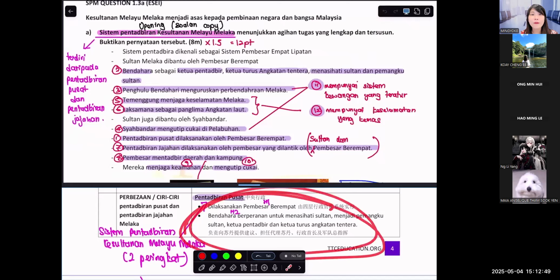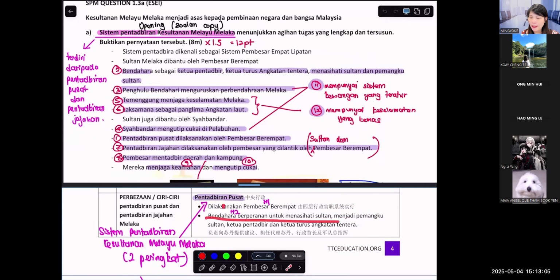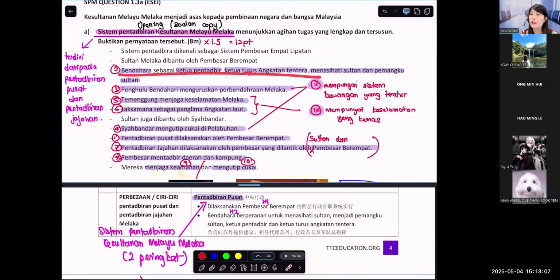You see, I follow this sequence here. If, for example, you tell me, teacher, I don't remember the sequence too much, you agak-agak lah. Then after that, you can continue. Bendahara berperanan sebagai ketua pentadbir, ketua turus angkatan tentera, like that. Seterusnya, Penghulu Bendahari menguruskan perbendaharaan Melaka. Selain itu, Syahbandar mengutip cukai.